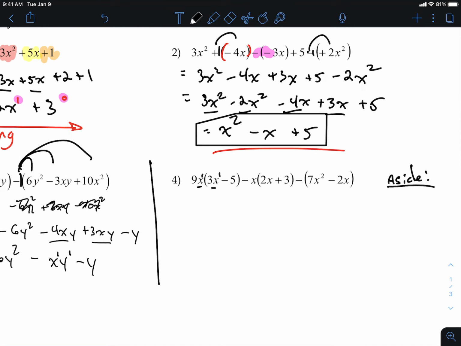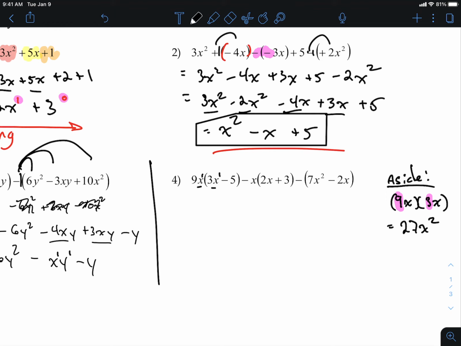When you multiply 9x multiplied by 3x, you're going to get 18x squared. Okay? The 9 times 3, sorry, it's not even close to 18, it's 27.